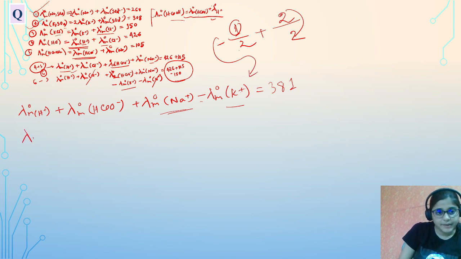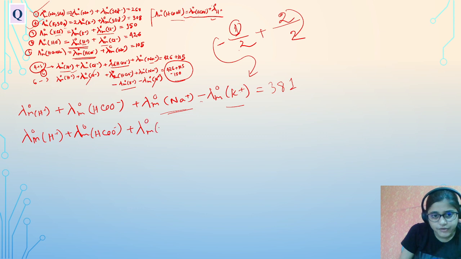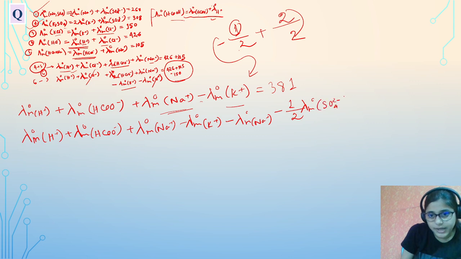So now what will happen? Delta M0 of H plus plus delta M0 of HCO3 minus plus delta M0 of Na plus minus delta M0 of K plus. It was there, and again we are taking negative first equation, which is delta M0 of Na plus minus 1 by 2 into delta M0 of SO4 2 minus, right?